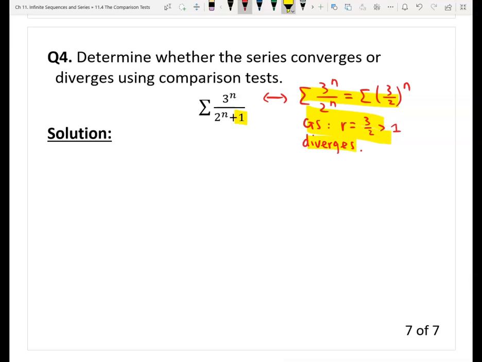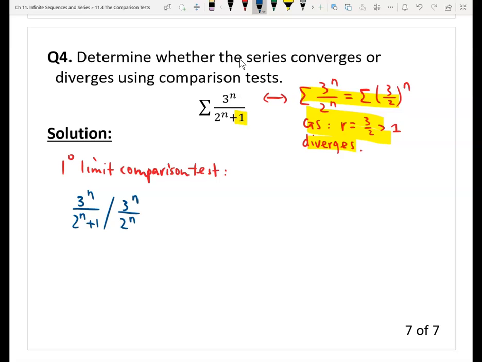Let me write down something so we can understand. By the limit comparison test, all we need to do is compare our series. The general term is 1 over 2 to the n plus 1, divided by the one we need to compare, which is 3 to the nth power over 2 to the nth power.